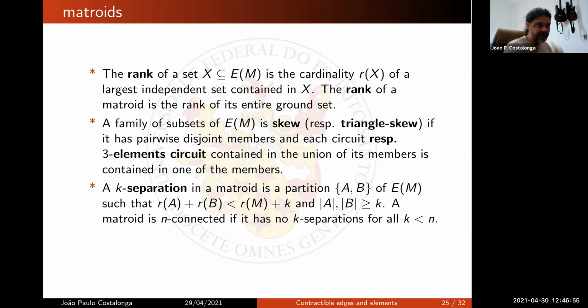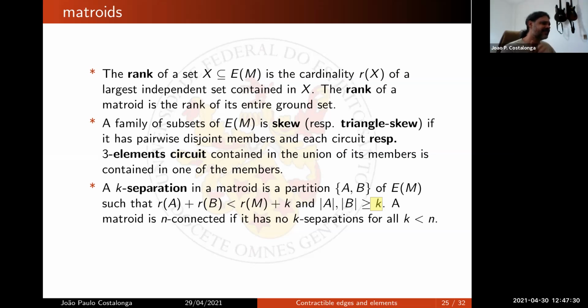And now I believe that's the most abstract: connectivity in matroids. A k-separation in a matroid is a partition of the ground set in a way that the sum of the ranks of the members of the partition is smaller than the rank of the matroid plus k, and each member has at least k elements.